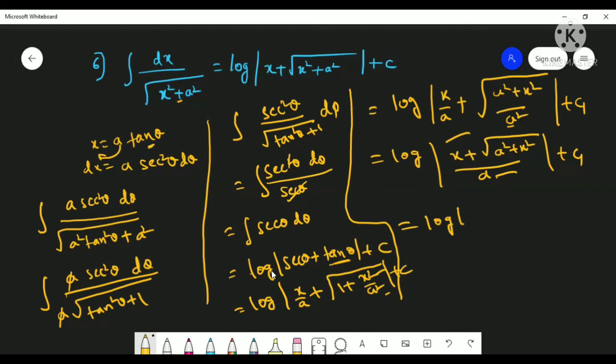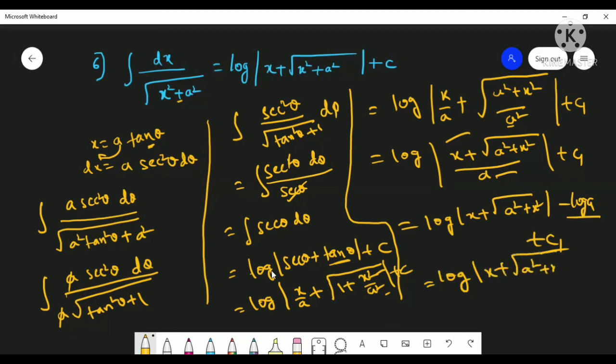That is log of x plus root a square plus x square minus log a plus c1. Minus log a plus c1 is a constant. They are constants. That's why I will keep it as c. Log x plus root a square plus x square, both are constant, that's why plus c. Now, this is the proof of this sixth one.